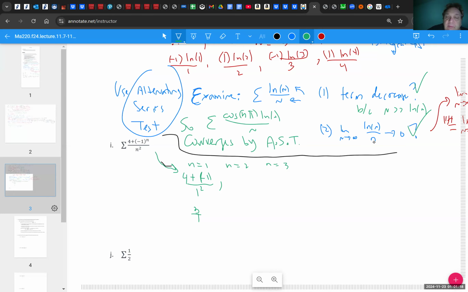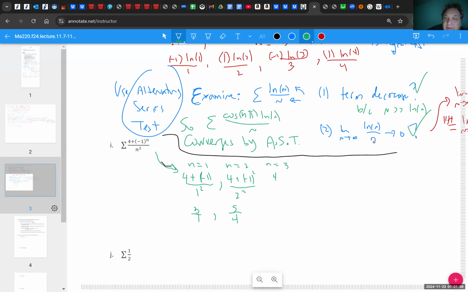For n equals 2, we get 4 plus -1 squared over 2 squared. Putting in n equals 2, -1 squared is +1. 4 plus 1 is 5. And the bottom, 2 squared, is 4. So we have 3 over 1, 5 over 4. Let's just do one more.